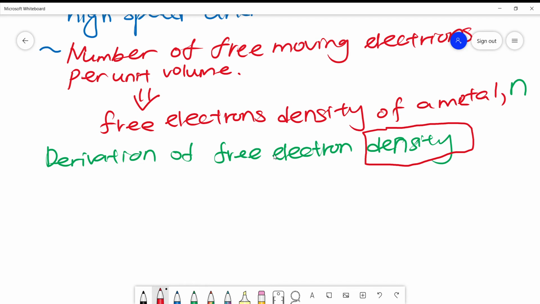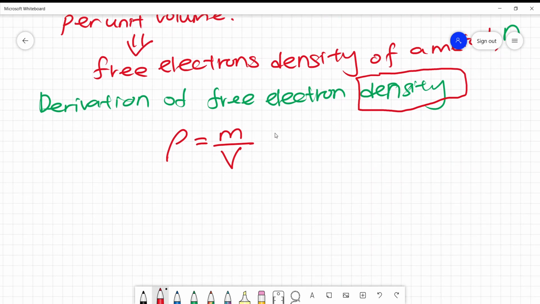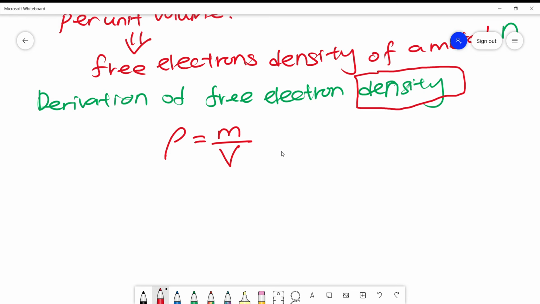The density is equal to the mass divided by volume. The mass is equal to the number of moles times the molar mass. The molar mass has the symbol capital M, R.